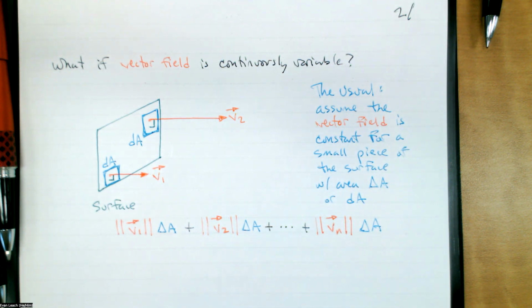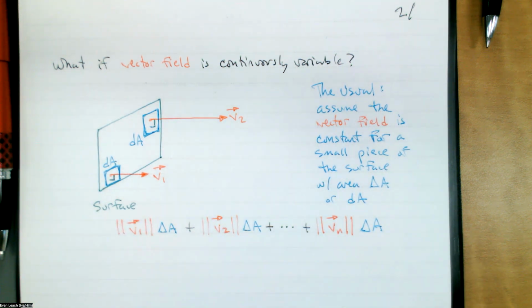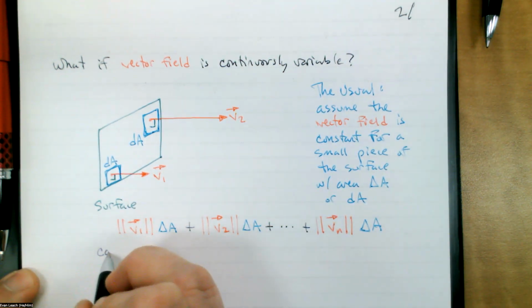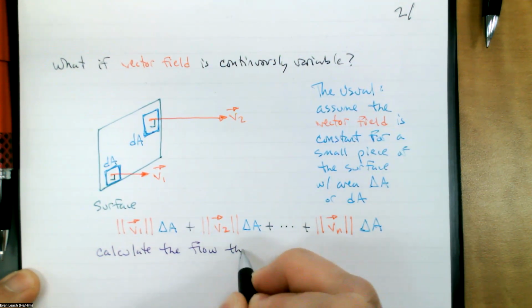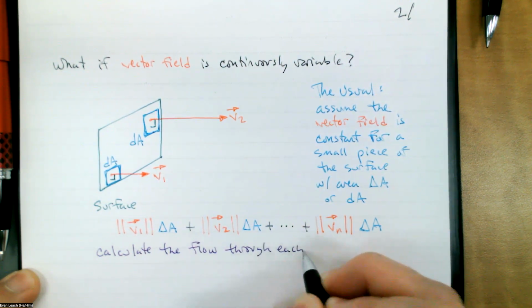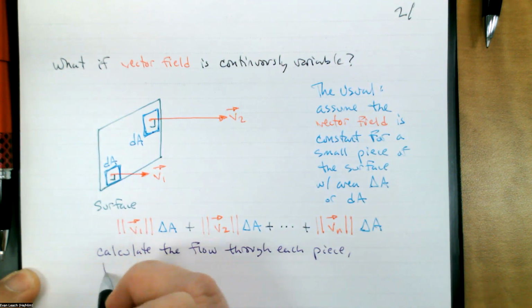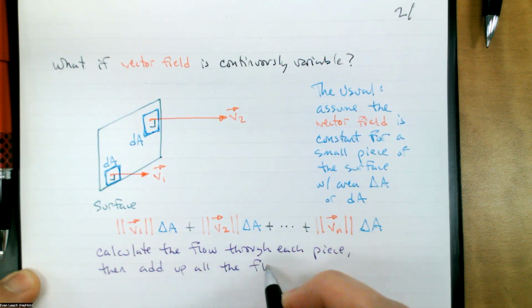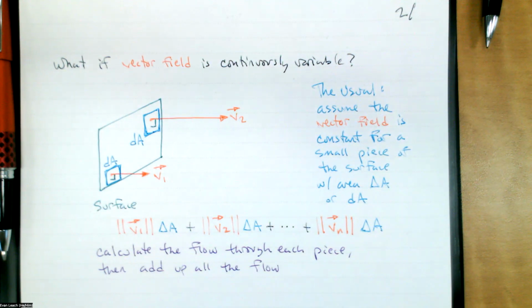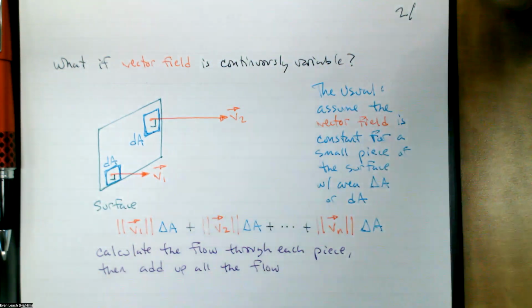Calculate the flow through each little rectangle, and then just add up the total of all the flow. Otherwise known as the usual plan.